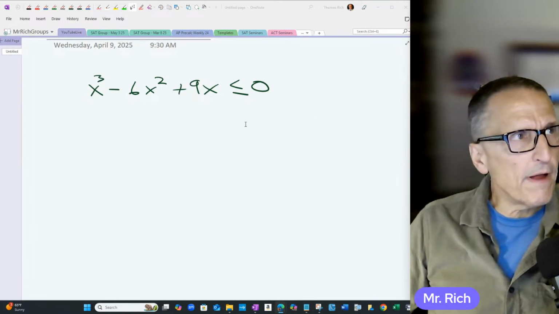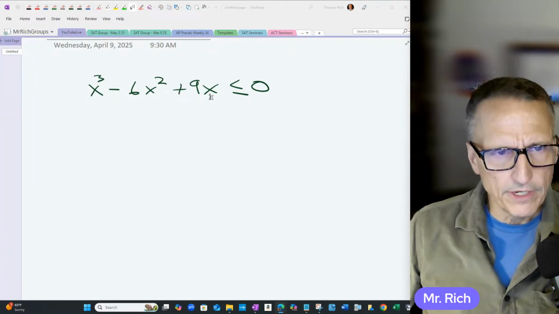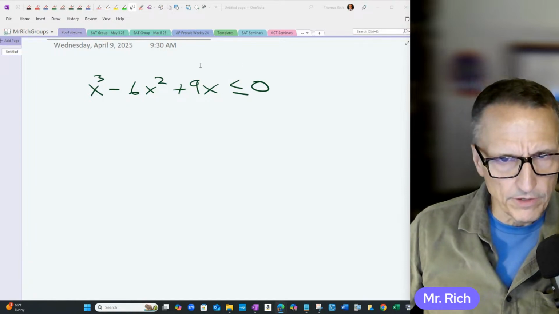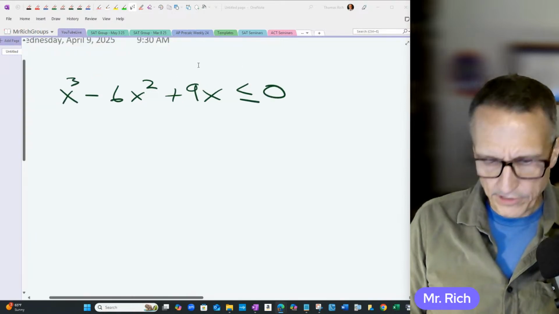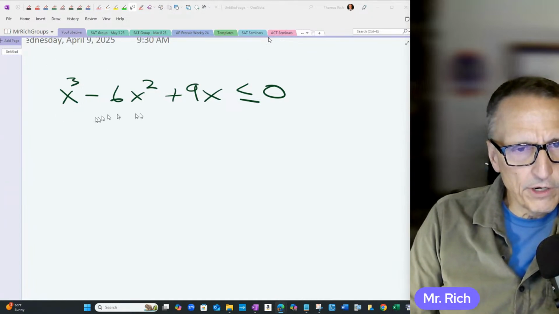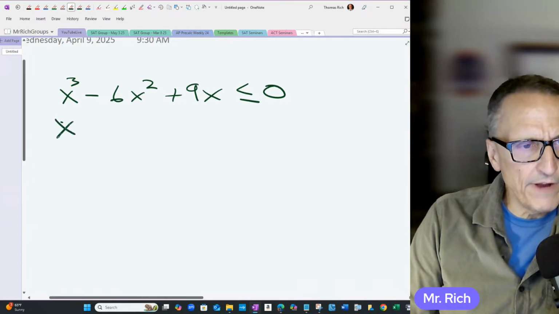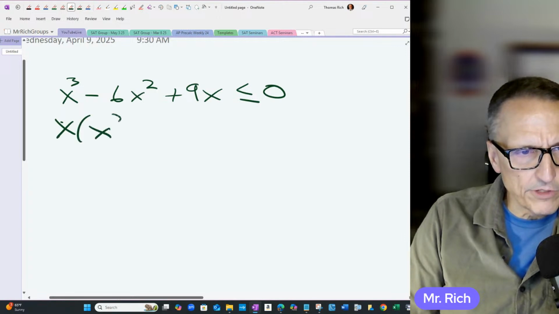All right, so the first problem here that I want to work is an inequality. This is a polynomial inequality. We need to find all the values of x for which this is going to be true. So what we want to do is factor this, and we'll factor out a common factor first of x.